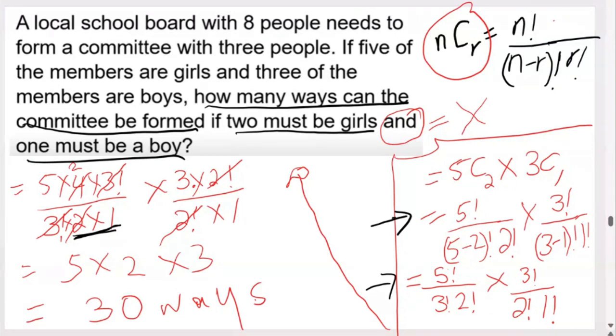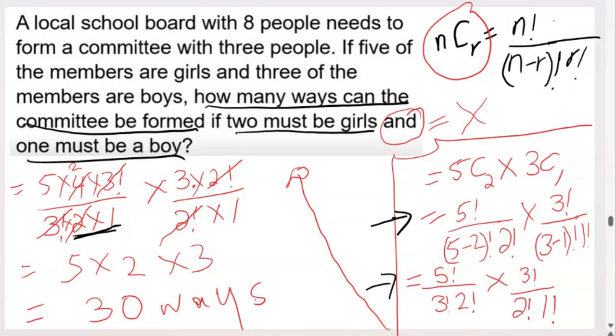So for the first time, I have 5 times 4 times 3 factorial, and I divided by 3 factorial times 2 factorial, so that the 3 factorials cancel out. All right, let's go to the second expression. It's 3 times 2 factorial, so that the 2 factorial at the top can cancel out with the 2 factorial at the bottom.